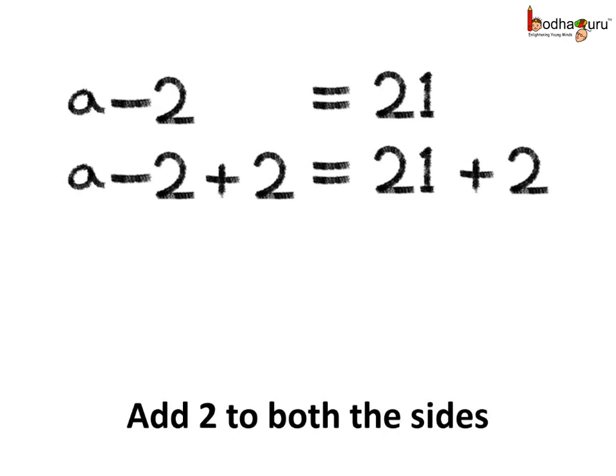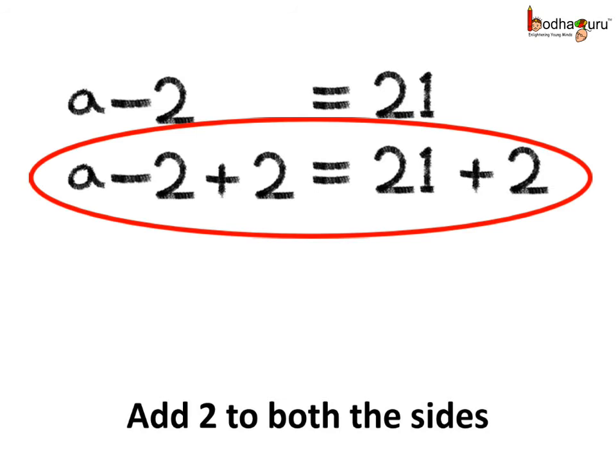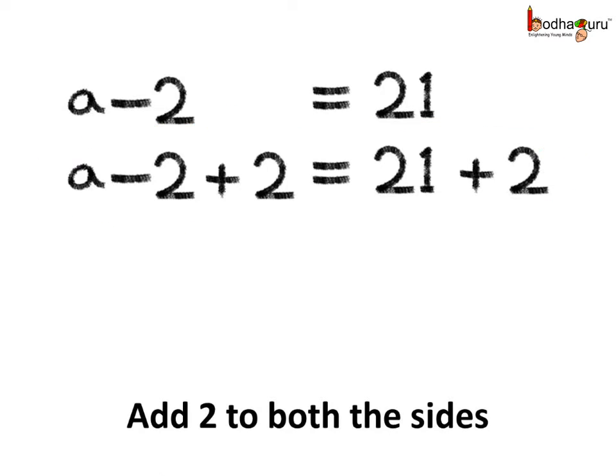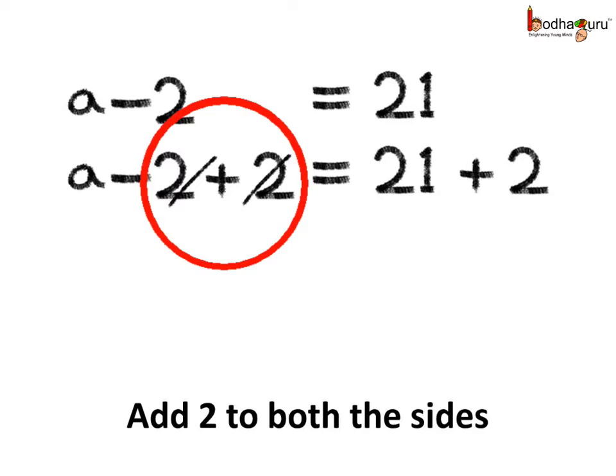So the equation becomes A minus 2 plus 2 is equal to 21 plus 2. Now on the left side, minus 2 and 2 cancel out each other as minus 2 plus 2 is equal to 0.